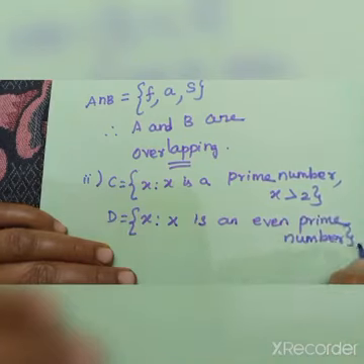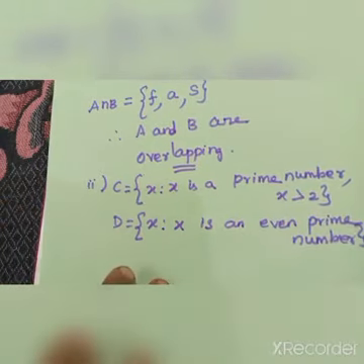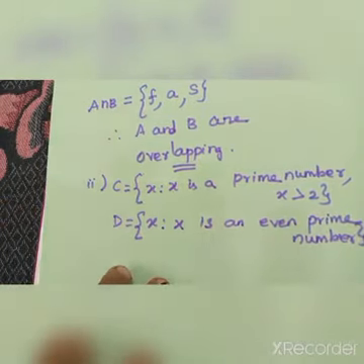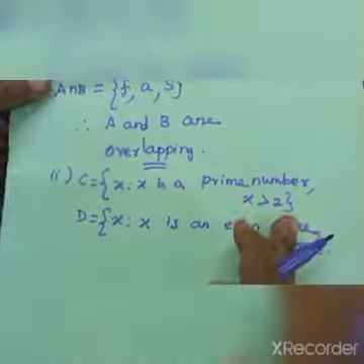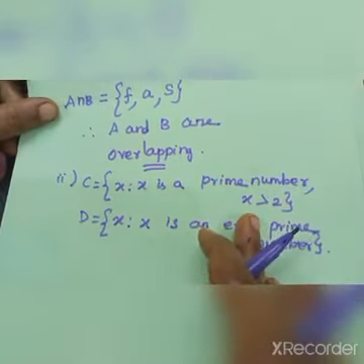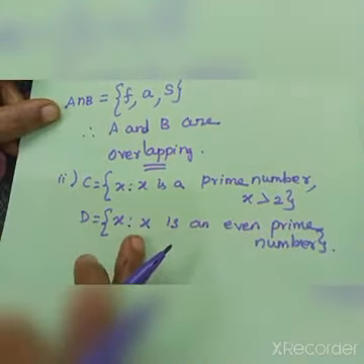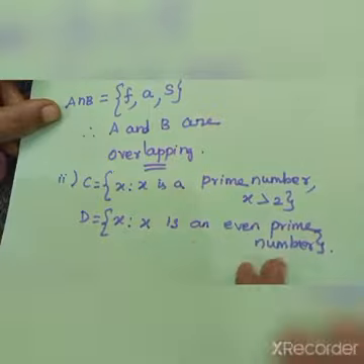Close the bracket. Okay. Here C is equal to {x such that x is a prime number but x greater than 2}, and D is equal to {x such that x is an even prime number}.